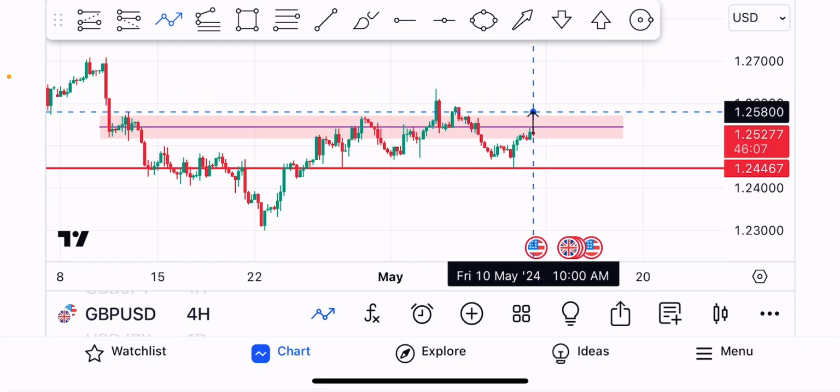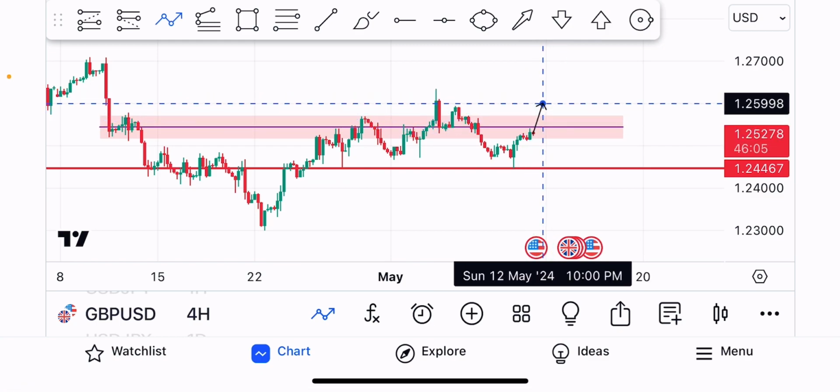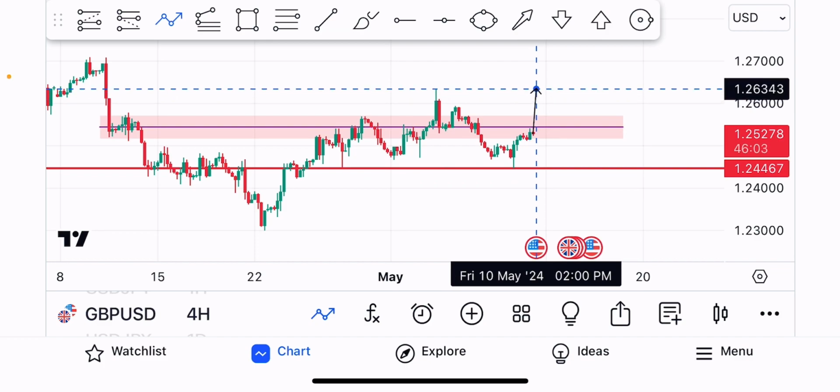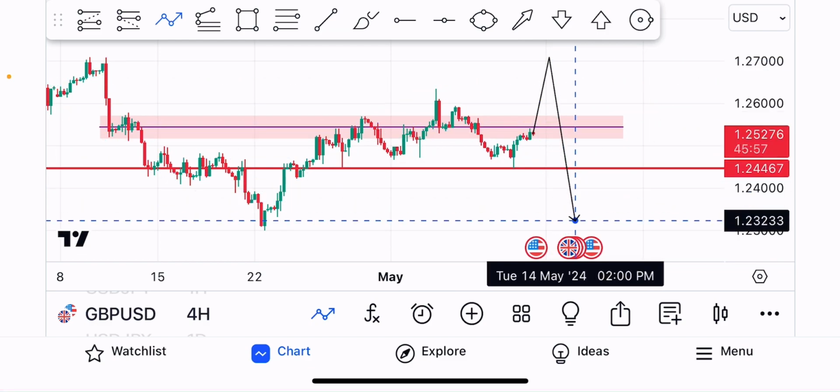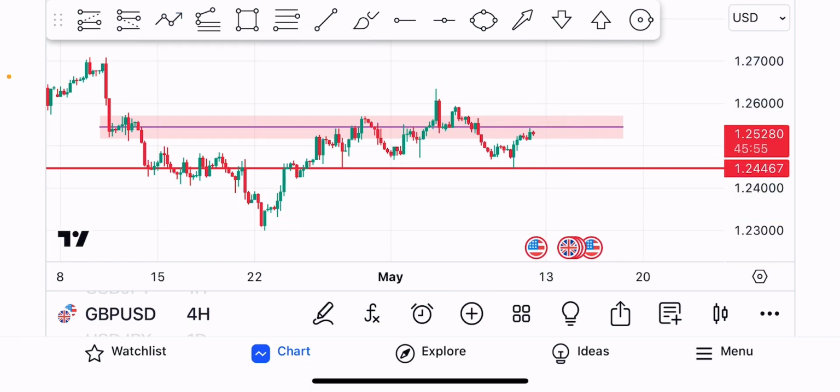So we may not likely get a fall right now. Price may likely trade higher, maybe to this resistance level of 1.27084 before we can finally get a possible decline. So the scenario for the market to go bearish as it stands today is under low probability, considering what we have from the fundamental perspective.